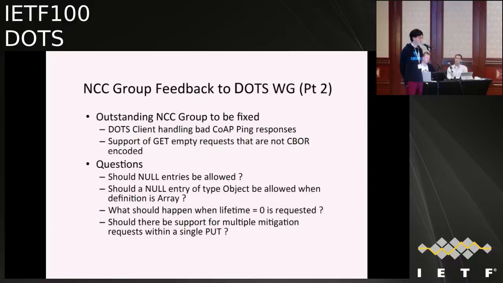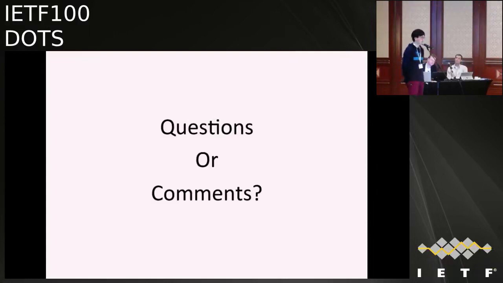But if one of the mitigation requests in a single PUT is corrupted and one is normal, what should be done on the server side? So that is the question. What should be done if there are multiple mitigation requests in a single PUT? Okay, before moving to the second part, I will accept questions and comments from the room.